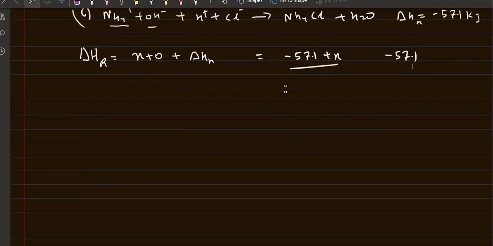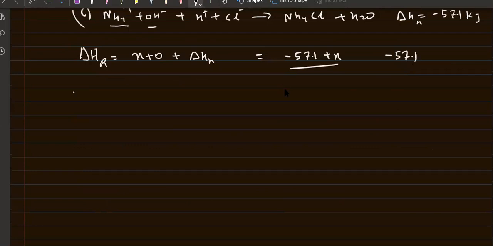So I can say that heat of neutralization of the overall reaction is equal to heat of ionization of acid or base plus minus 57.1 kilojoule. Got it, everyone? Yes?